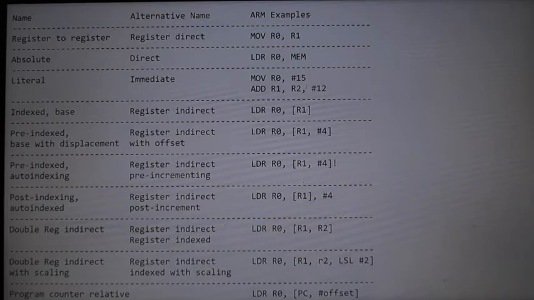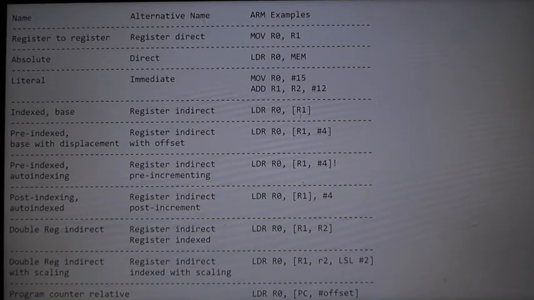Here the decimal number 12 is immediately added to the content of the R2 register, and the result is stored in the R1 register.